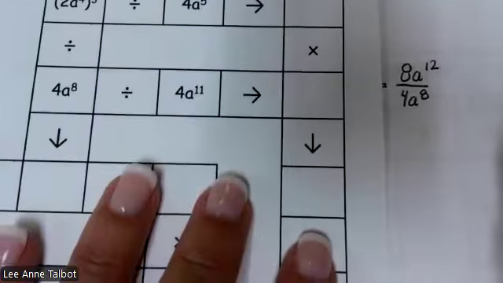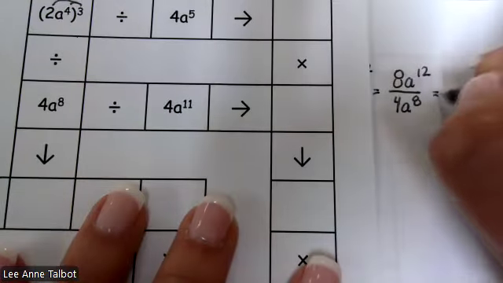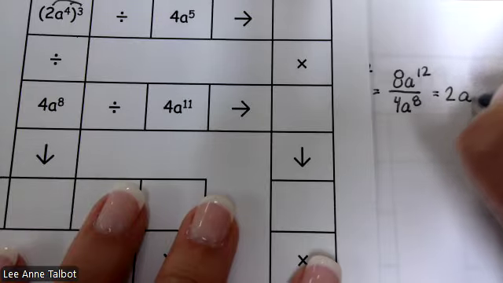Okay, and this is just like scientific notation. What's 8 divided by 4? 2, and then subtract the exponents.